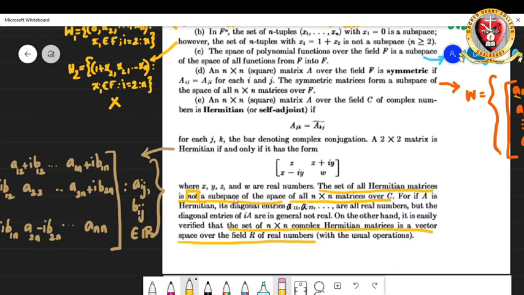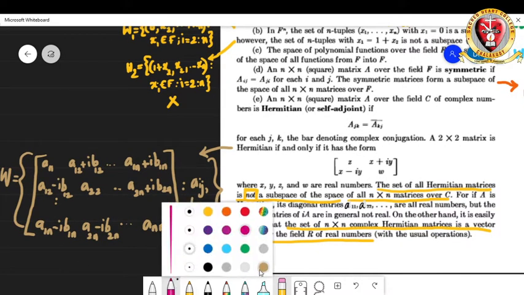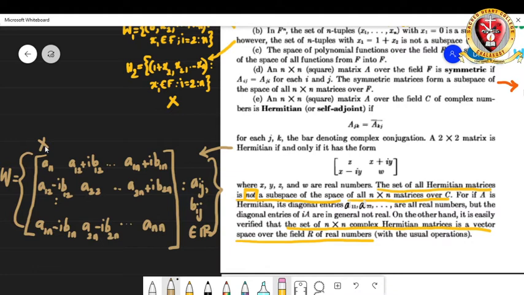Please understand that the set of all such Hermitian matrices is not a subspace of the space of all n by n matrices over C. That is, W, the set of all Hermitian matrices, is not a subspace. Why is it not a subspace?